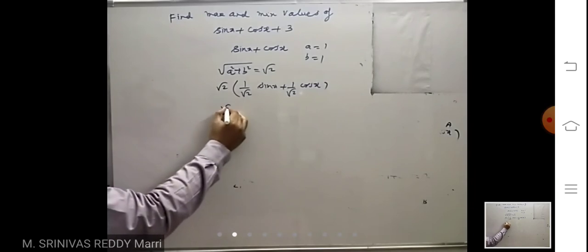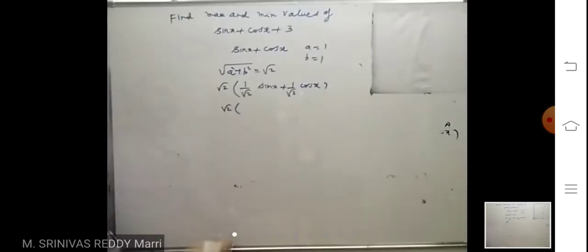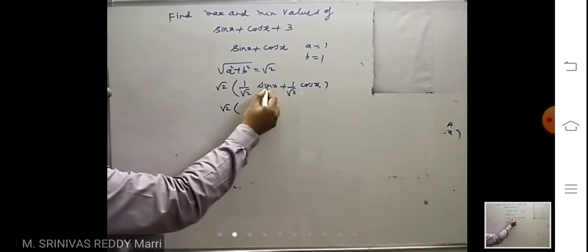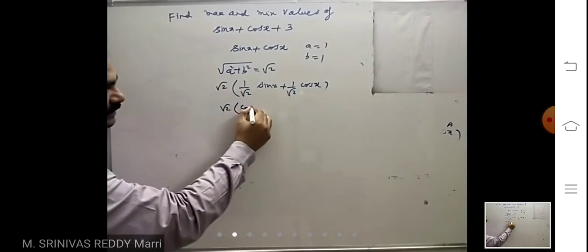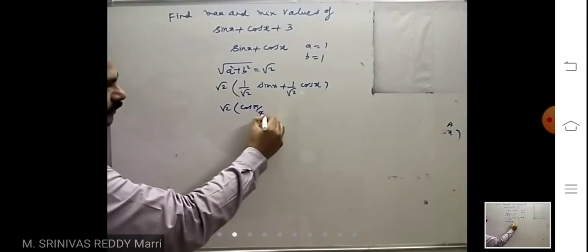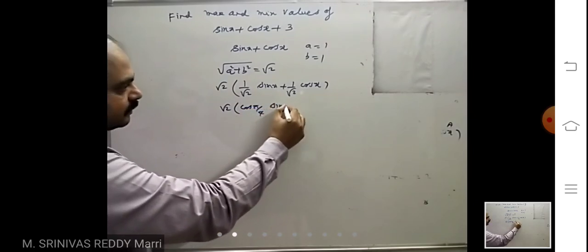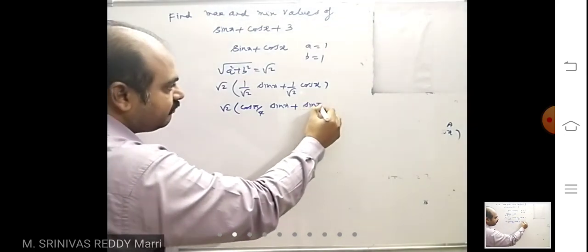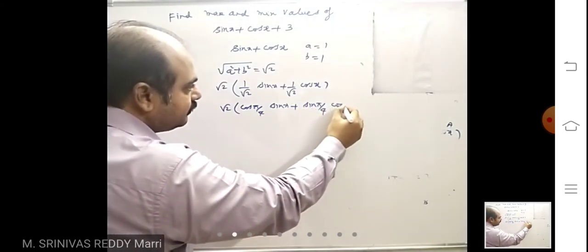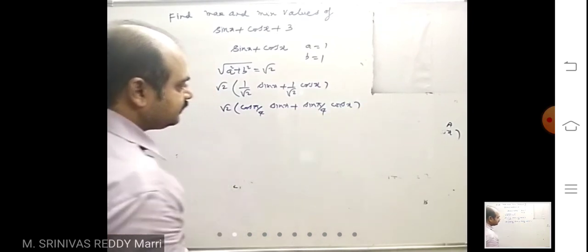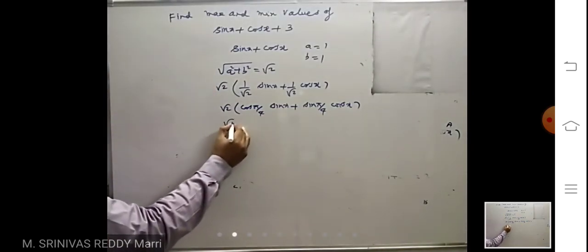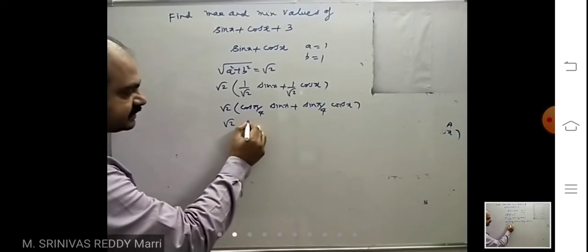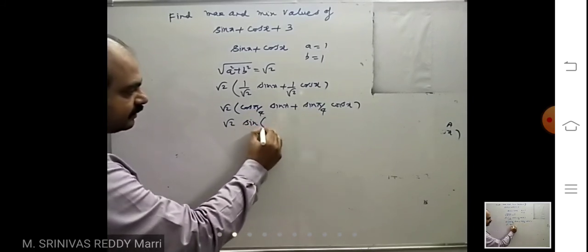So root 2 into. Now I want to write in sine. That's why I am writing cos. Your choice, but I am writing in sine. Sin x, this is cos pi by 4. Sin x, this is cos x. I am writing 1 by root 2 angle. So that means root 2. This is sin a cos b plus cos a sin b.